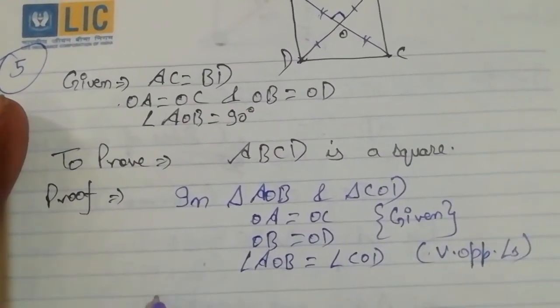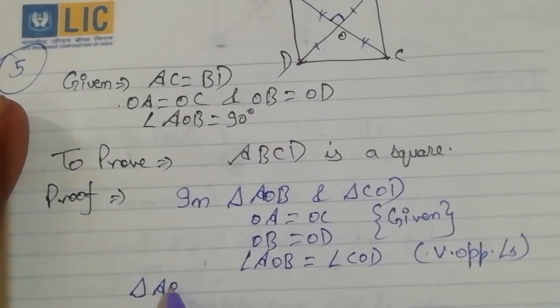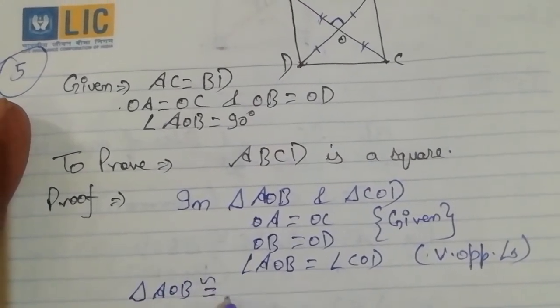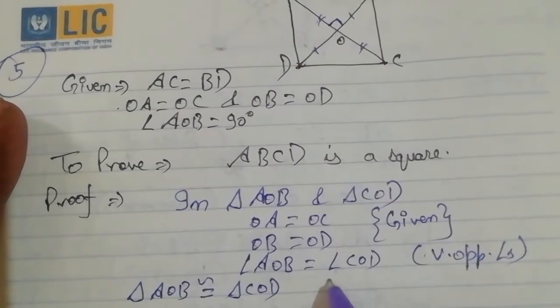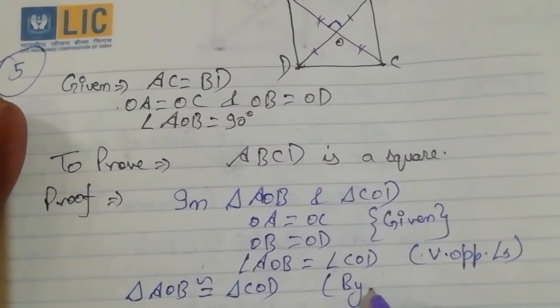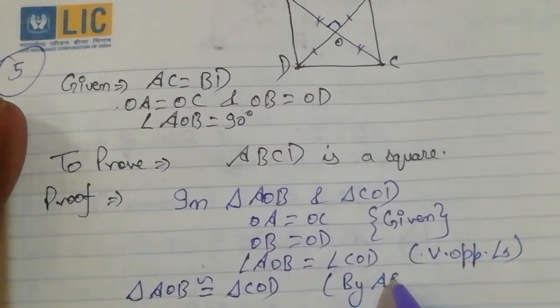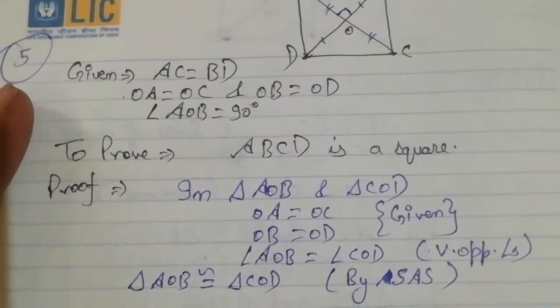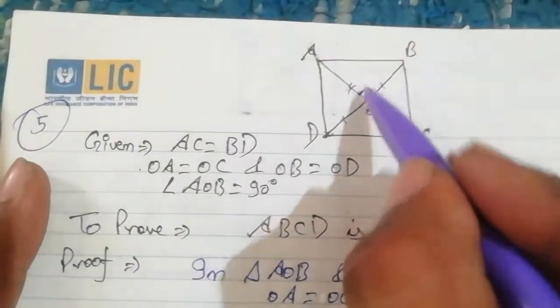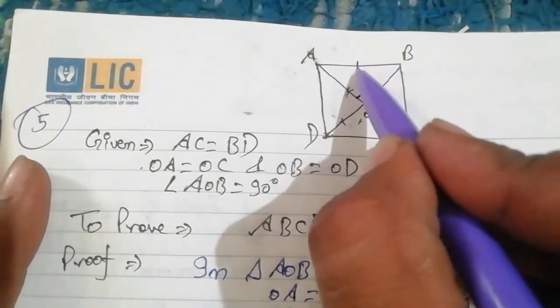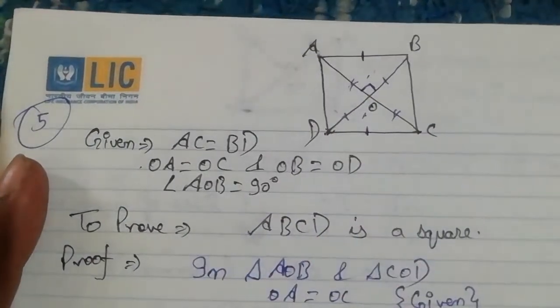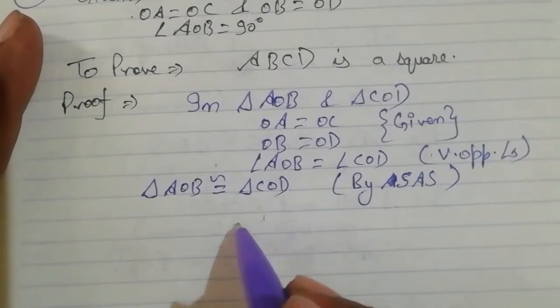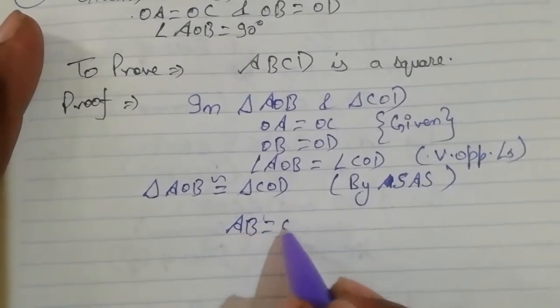So from here we can say that triangle AOB is congruent to triangle COD by side angle side, SAS congruency criteria. Now if these two triangles are congruent, AB is going to be equal to CD. So here we can say that AB is equal to CD.